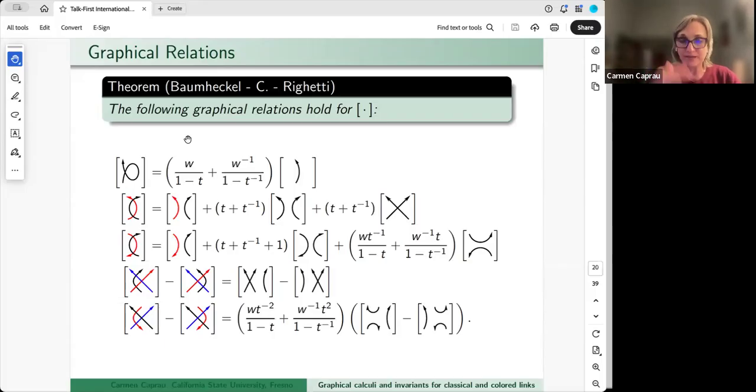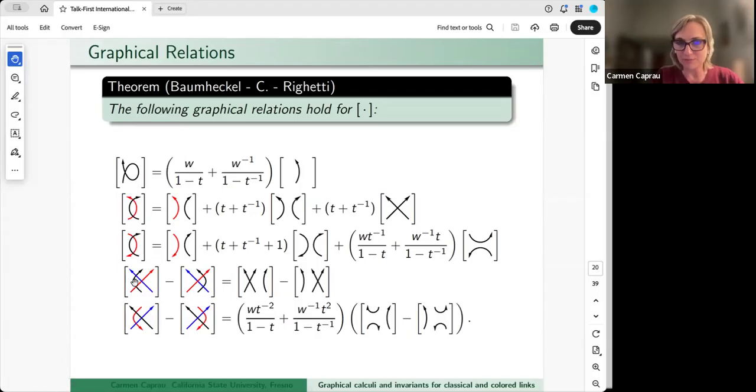And then iteratively you get rid of vertices until you get only a disjoint union of circles. And that is possible because, as you see in 1, 2, and 3, you already get fewer vertices on the right-hand side. But then if you don't have a kink or a bigon, what do you do?